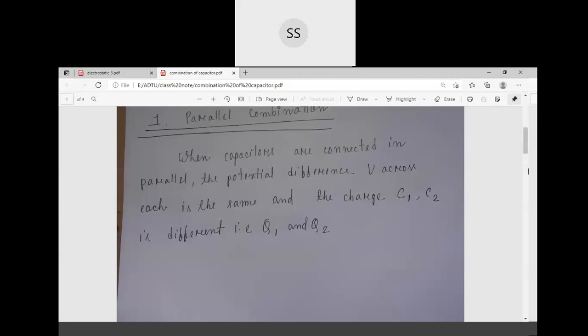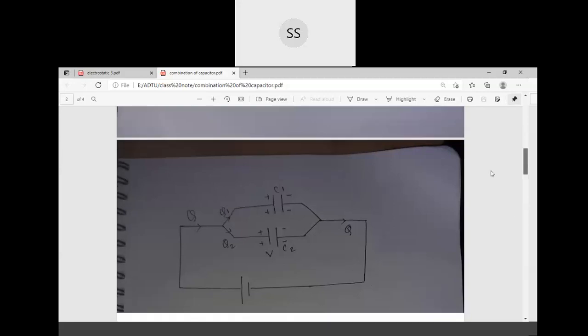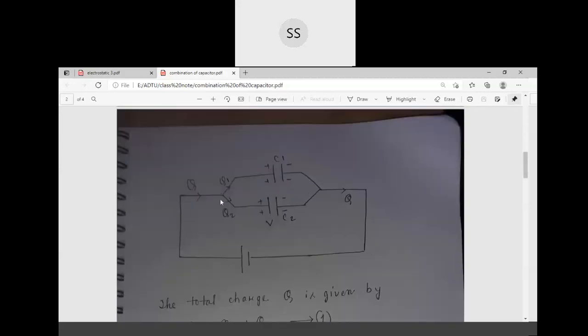Charge will be divided into two parts, but the potential will be the same in case of parallel combination. Here the charge will be divided into two parts, Q1 and Q2, and again when they meet at that point the charge will be the same as before, Q.